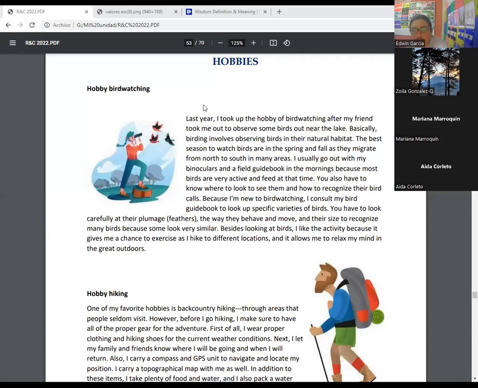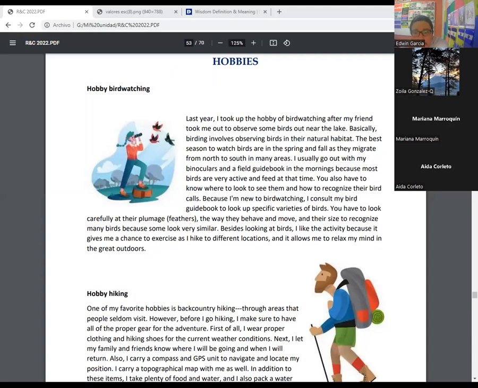The best seasons to watch birds are spring and fall as they migrate from north to south in many areas. I usually go out with my binoculars and a field guidebook in the mornings because most birds are very active and feed at that time. You also have to know where to look to see them and how to recognize their bird calls.